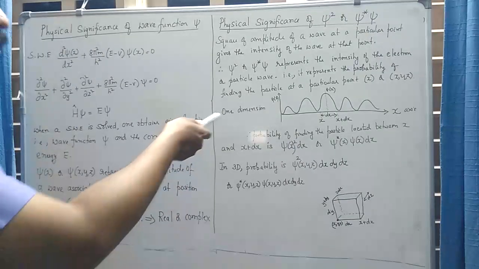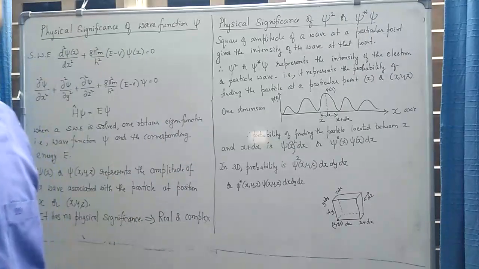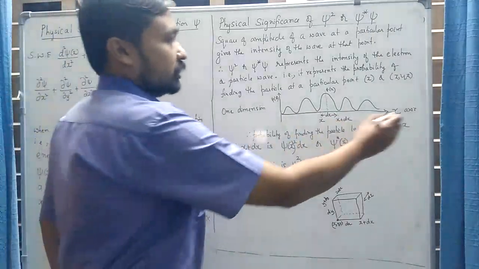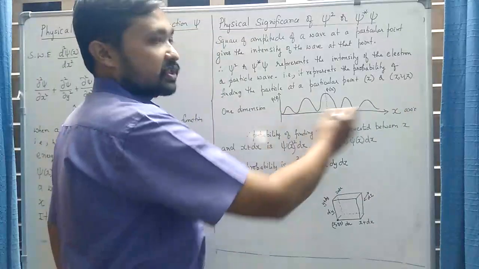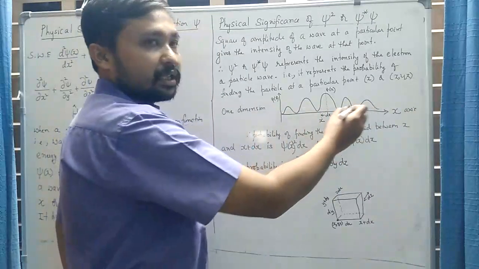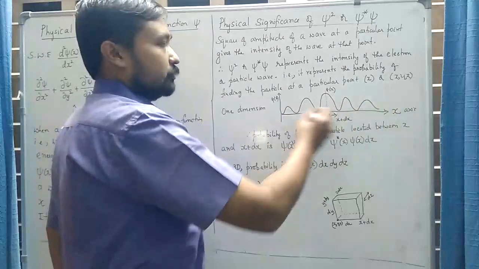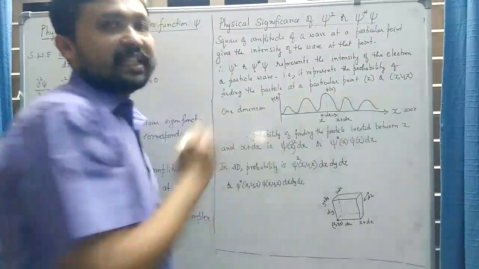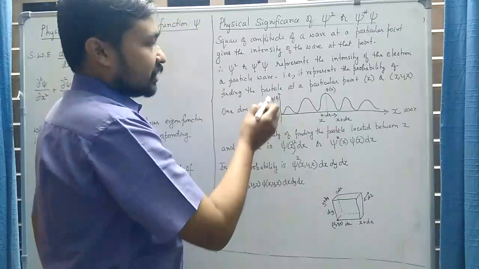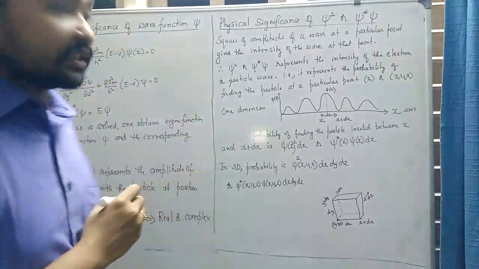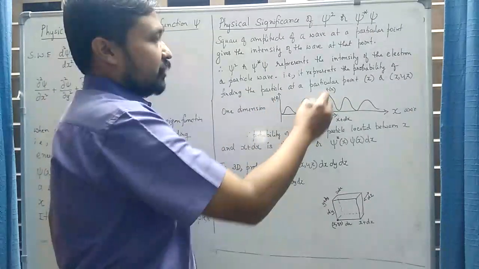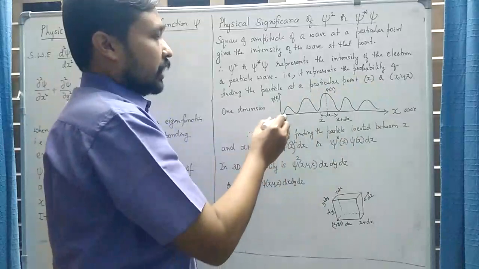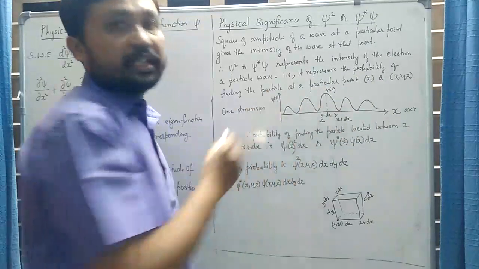So I have given a one-dimensional example here. This is the x-axis which represents the position of the particle. The particle, for example an electron, will be moving anywhere along the x-axis, and along the y-axis I have plotted the wave function psi of x. You can see the wave nature of the electron, and the height of this wave is different at different positions.